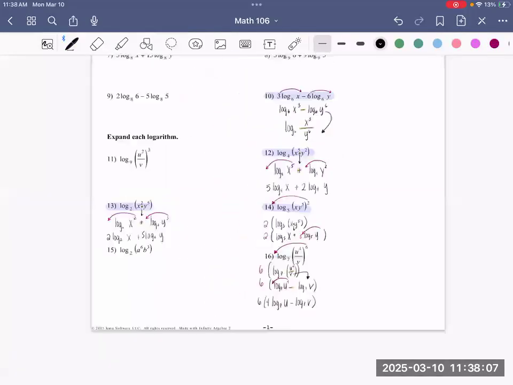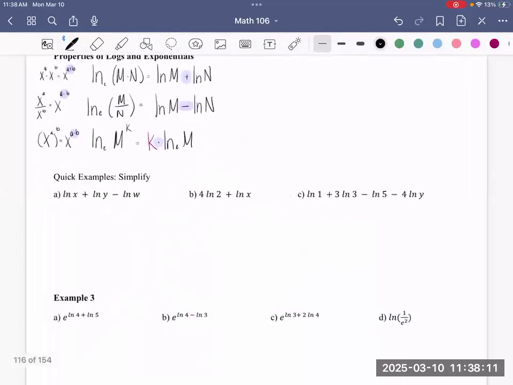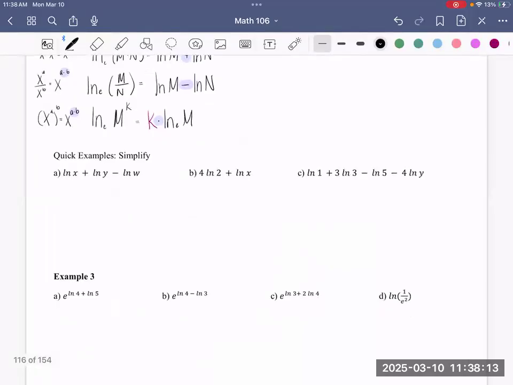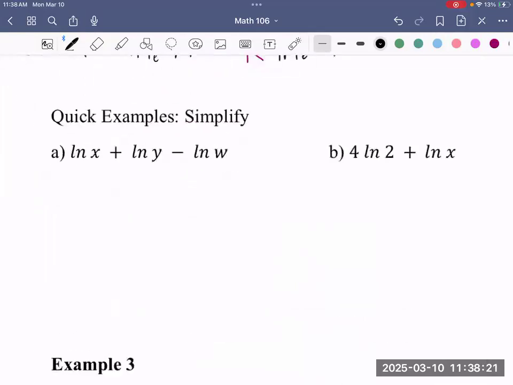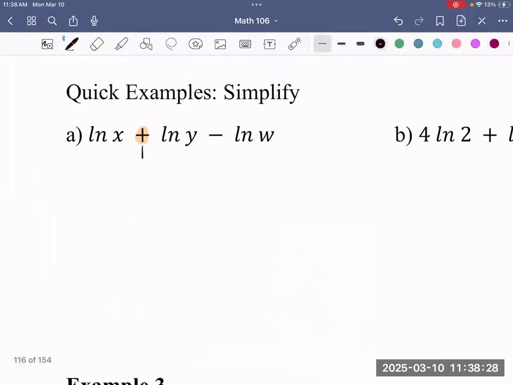So now we're going to kick it up a notch with our quick simplification, and then we're going to get into the remaining 3 or 4 properties. So here, we have addition. Addition, we said, is going to turn to multiplication.